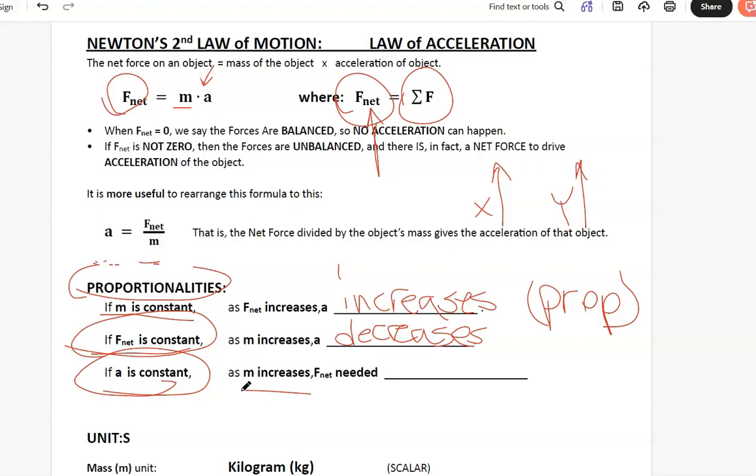Do you need the same force on the ping pong ball as you do on the bowling ball? No, of course not. You have to have a much higher force on the bowling ball that has more mass to get the same acceleration. So the force needed is much higher, is increased.